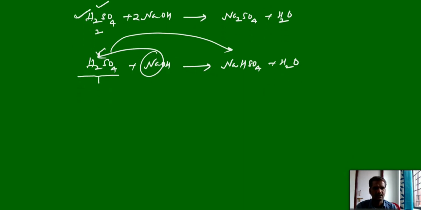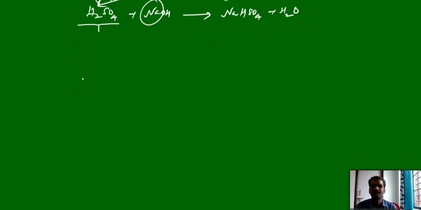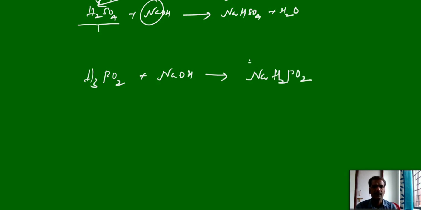I will give one more example here. Let me take H3PO2 and if we treat with NaOH, we will get NaH2PO2. This compound name is also very important, you should remember. It is sodium hypophosphite.